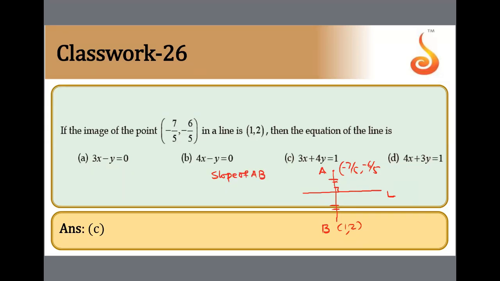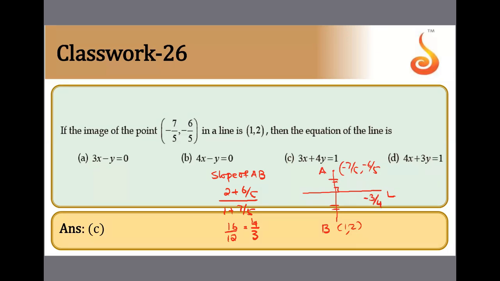The slope of AB will be (2 plus 6 by 5) divided by (1 plus 7 by 5), which gives 16 by 12, that is 4 by 3. So what is the slope of L? Minus 3 by 4. Correct?